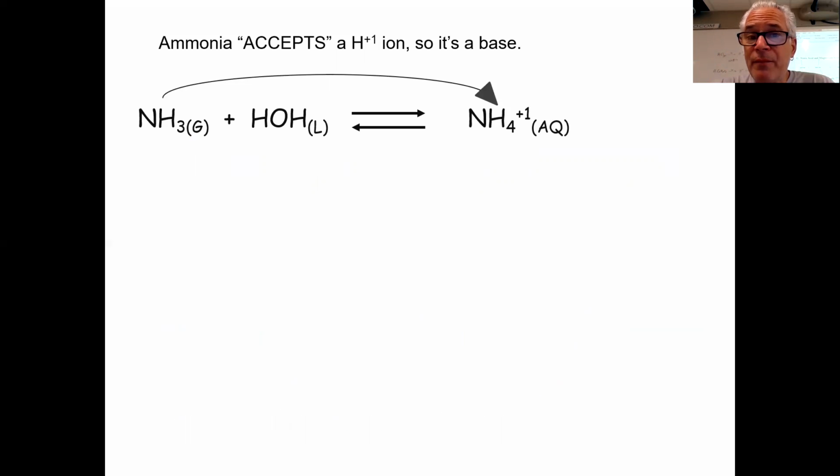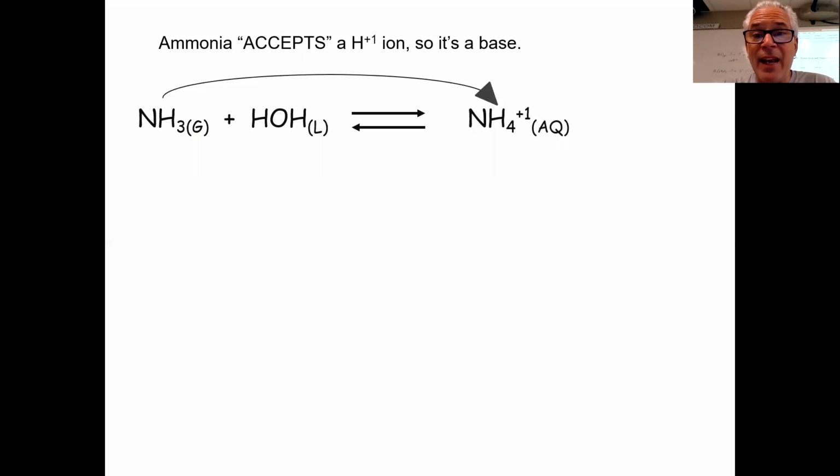The ammonia is going to accept a hydrogen ion. Now, where did that hydrogen ion come from? The water, HOH, we write it like that in acid-base chem. The H in the front is going to break free. The water is going to donate that hydrogen ion. So ammonia, which has 3 hydrogens, is going to gain a hydrogen ion from the water.